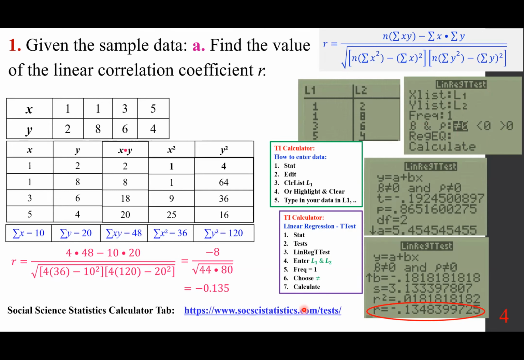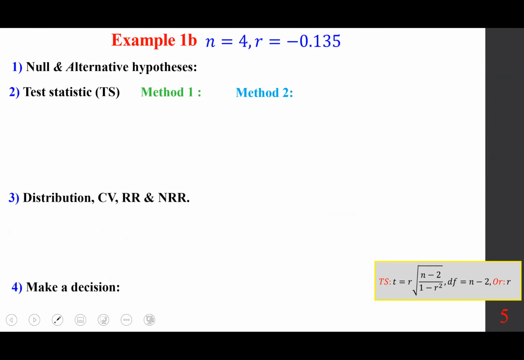So let's run the test of hypothesis. And again, I'm going to show you that the test of hypothesis has 4 steps: null and alternative hypothesis, test statistic, then critical value, which results in rejection region and non-rejection region, and we make a decision. Again, I want to show you how it's done using previous chapters.